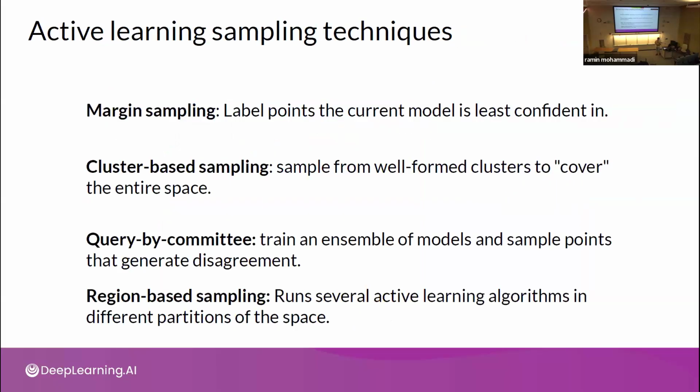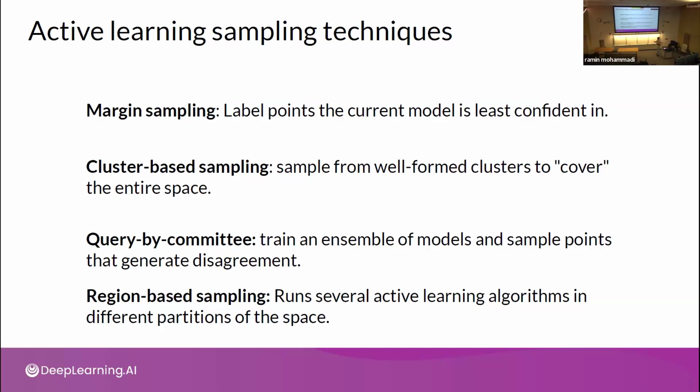Now you also have other techniques that you can use in active learning instead of margin sampling. One of them is cluster-based sampling. You basically develop clusters over the space that you have, and based on that, decide which to sample from. You could do query by committee. That means you develop multiple models and you select data points with the highest disagreement among models.